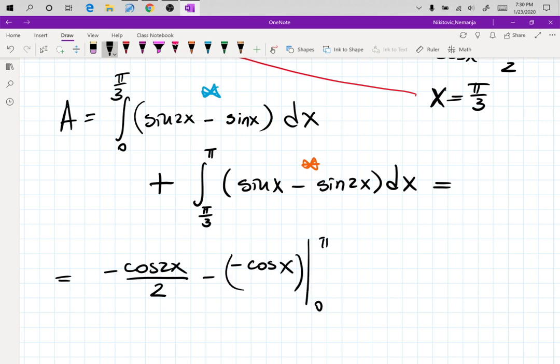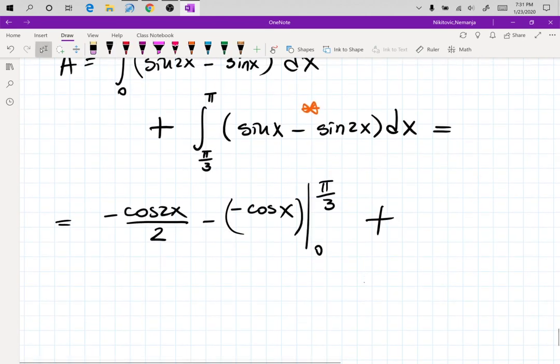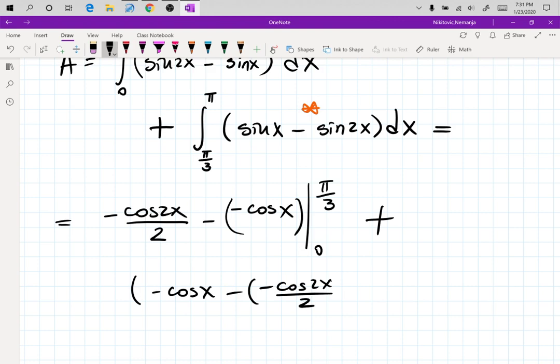From 0 to pi over 3, plus, and now we have the same players, just in the different order. So we have negative cosine x minus negative cosine 2x over 2 from pi over 3 to pi.